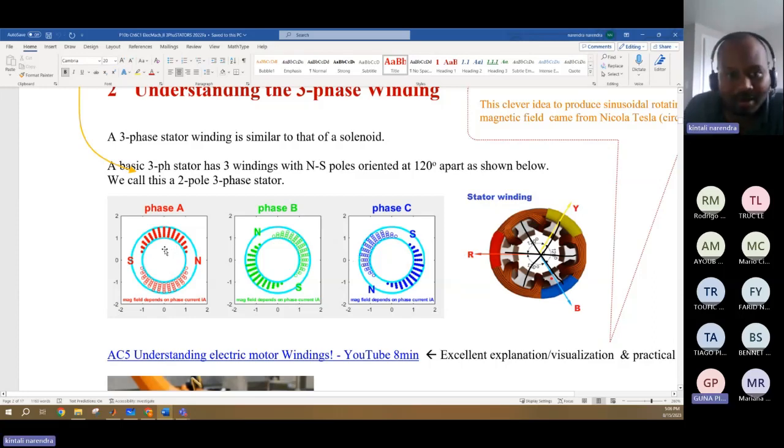So the outermost slot has only one, then two, and it goes like that. Just don't take it as exactly one, it might be more. I never built a motor, but I know that the windings are made in a sinusoidal fashion.